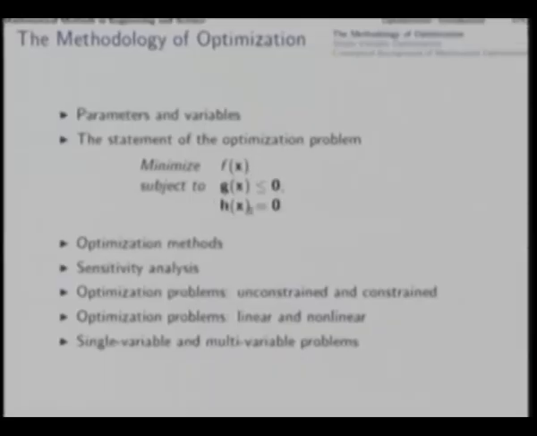That is, it is allowable, it is permissible by the constraints imposed on the problem definition itself. And out of those feasible solutions, you try to find the one in which the function value is minimum, if it is a minimization problem.